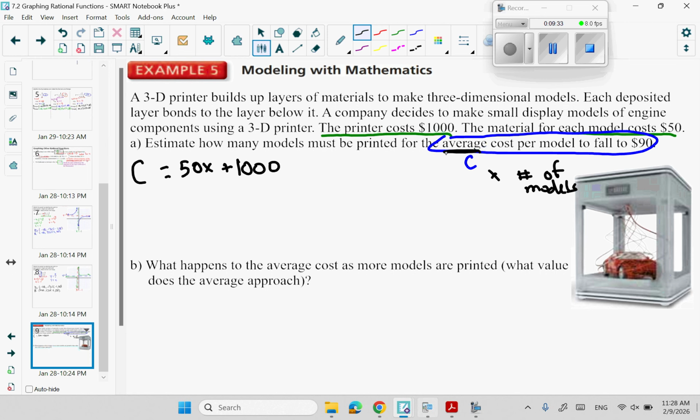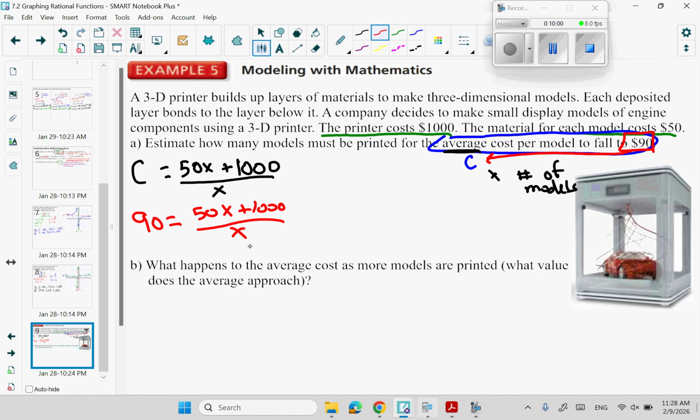In this case, if I'm talking about average cost, I would divide by how many models I make. So my actual equation is going to be 50x plus 1,000 over x. And if I want the average cost to fall to $90, I'm going to put 90 in for my average cost, C. So I'm going to get 90 equals 50x plus 1,000 over x.